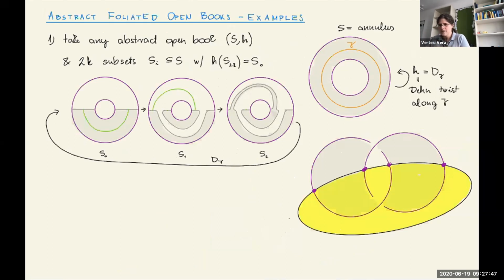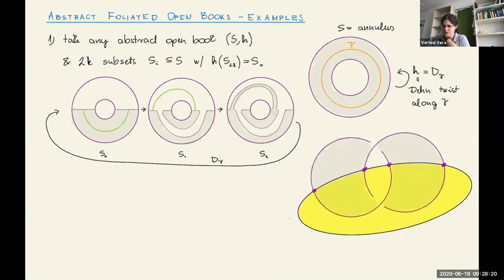You just take a sequence of subsurfaces of an open book, so you're cutting and gluing, and you're making sure that as you get to the last page, the monodromy brings back the original open book, whatever you took as a subsurface, to the S0 subsurface. Okay, so the image of S2 has to be S0.